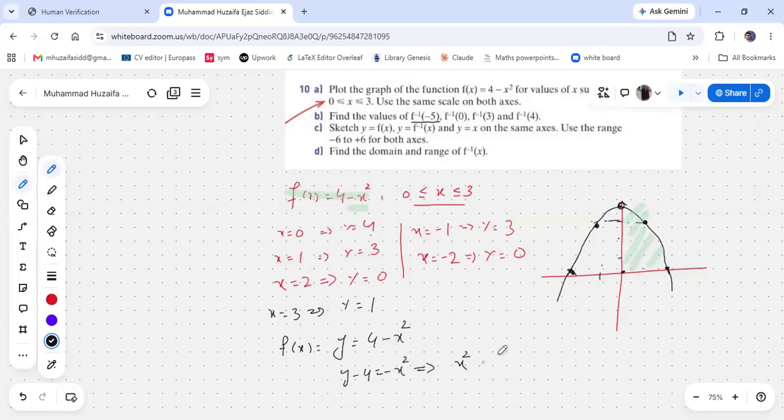This is equal to 4 minus y. Basically in this equation, I'm multiplying by minus 1 on both sides. So this is minus 1, x square is minus, minus is plus, and this is plus y, and this is the minus 4, this is converted into plus. So I'm taking the square root on both sides.